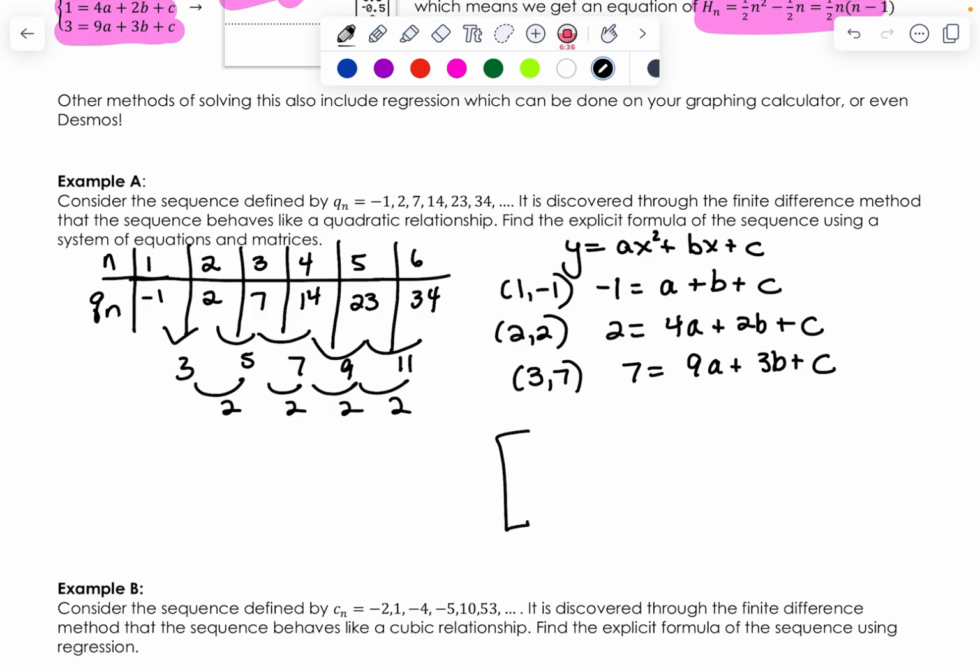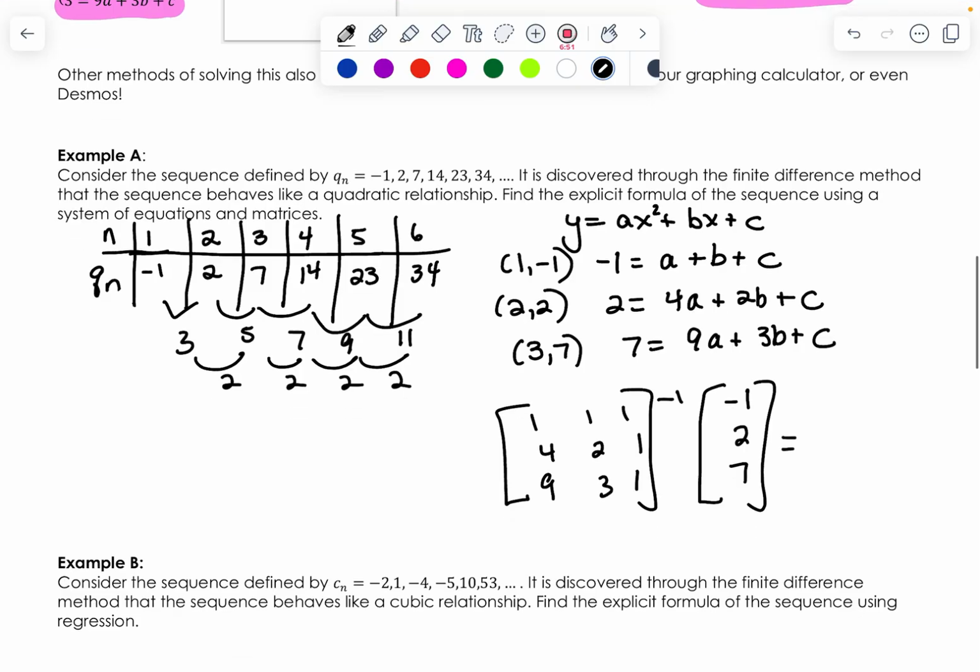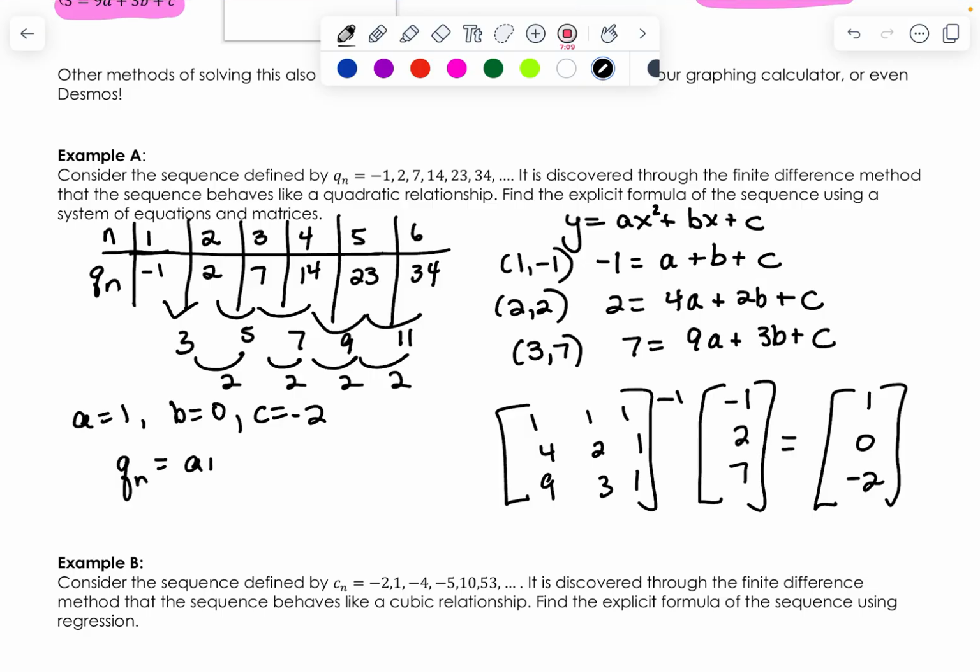So what you're going to do is you're going to need to enter a 3 by 3 matrix, find its inverse, and then you multiply by the 3 by 1. And when you do that, it'll spit out 1, 0, -2. What that means is A is 1, B is 0, and C is -2. So because I am using Q sub n, I'm going to just change the letters a teeny tiny bit here. So this would be Q sub n is n squared minus 2.